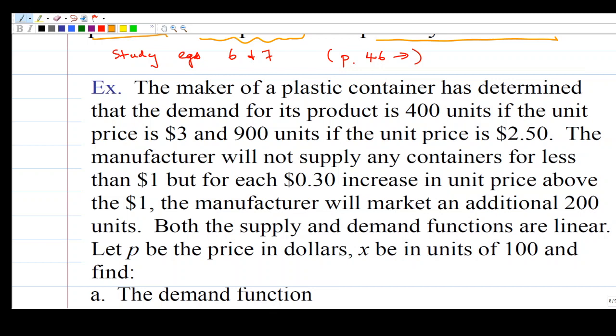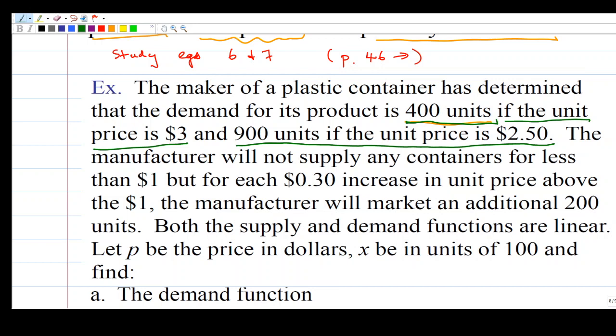The maker of a plastic container has determined that the demand for its product is 400 units if the unit price is $3 and the demand is 900 units if the unit price is $2.50.